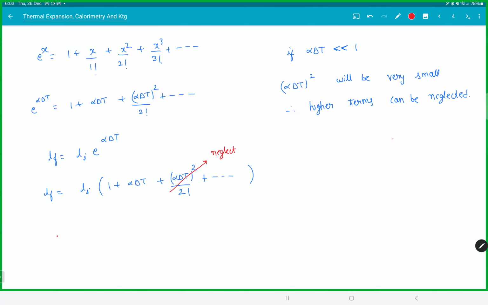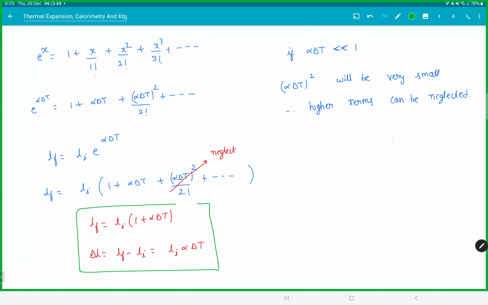Then you end up with the formula L final is equal to L initial into 1 plus alpha delta T. Similarly, delta L will be L final minus L initial, which is L initial alpha delta T. There. This is what we use. The change in length is L initial alpha delta T, and L final is this.